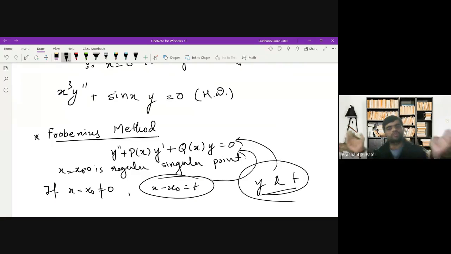So without loss of generality, if 0 is not a regular singular point, you can convert your differential equation to another one for which you have a regular singular point. That adjustment is needed if 0 is not a regular singular point. So without loss of generality, we assume that x equal to 0 is the regular singular point of the differential equation.